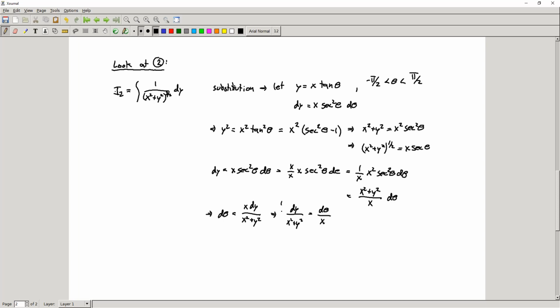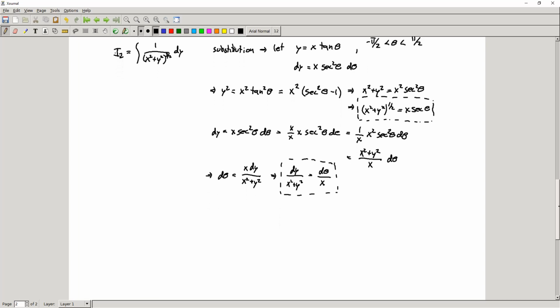Okay, so we're going to make use of this substitution particularly, and we have this substitution up here that we're going to use. So now looking back at I2, let's substitute some of that stuff in here. Maybe I'll write I2 one more time here. So I2 looks like this, to the 3 over 2 dy.